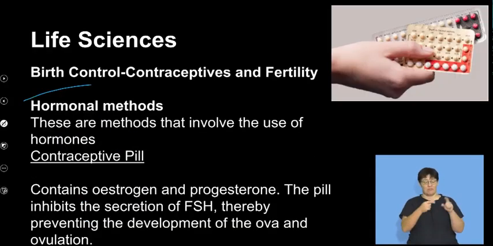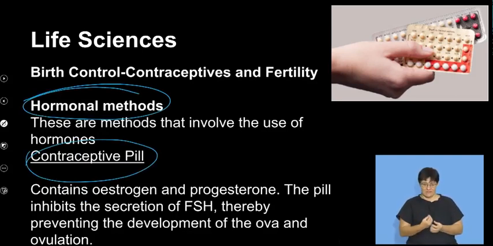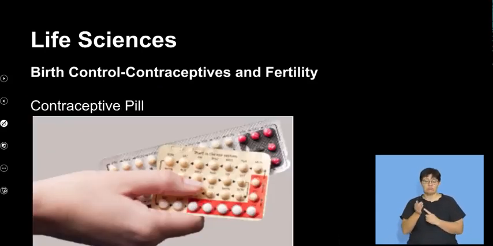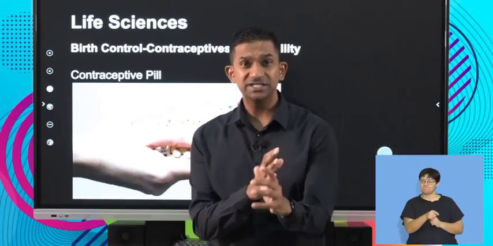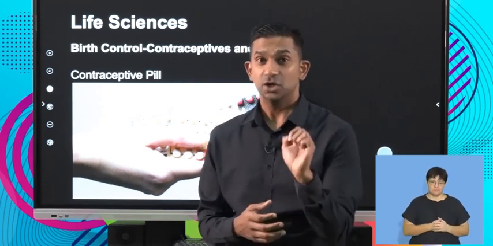As we wrap this section up, guys, we have hormones that are used, and we have the contraceptive pill. These pills contain a combination of estrogen and progesterone and are used to control the process of ovulation and prevent an egg from being released. So guys, in this segment we've looked at various types of methods that prevent conception.